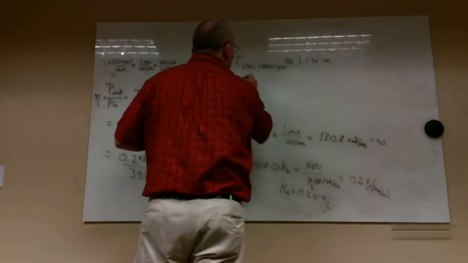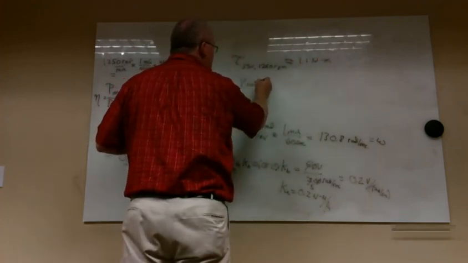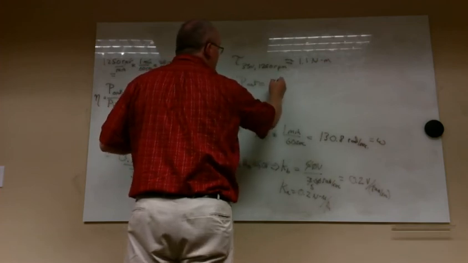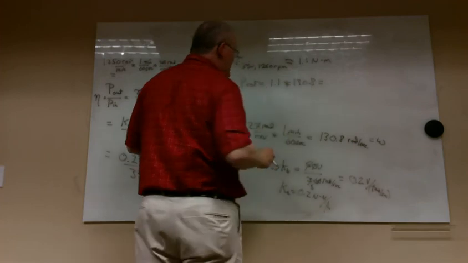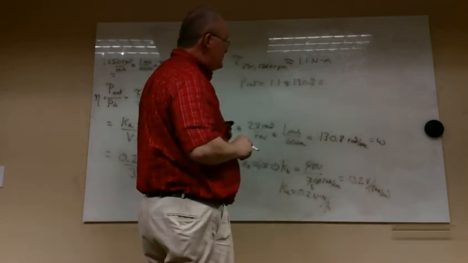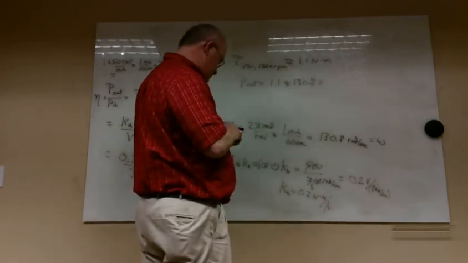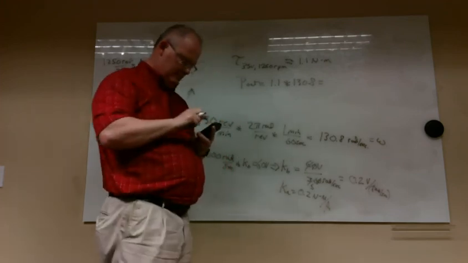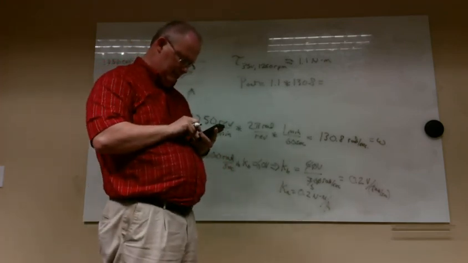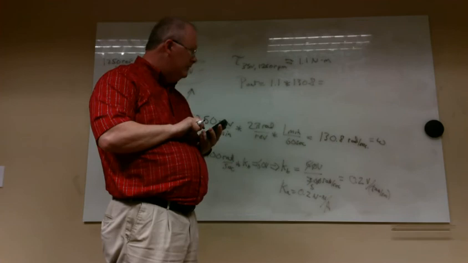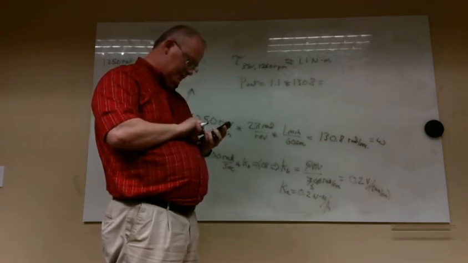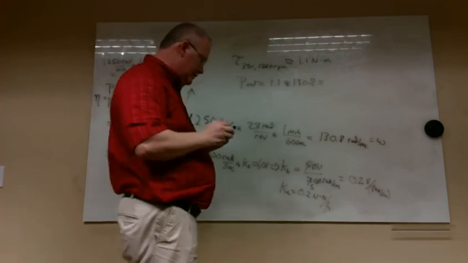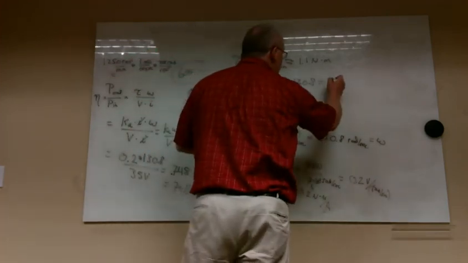And just out of curiosity, P out then is equal to 1.1 times 130.8. Calculator. Enter. 130.8, enter, times 1.1, is 143.9 watts.